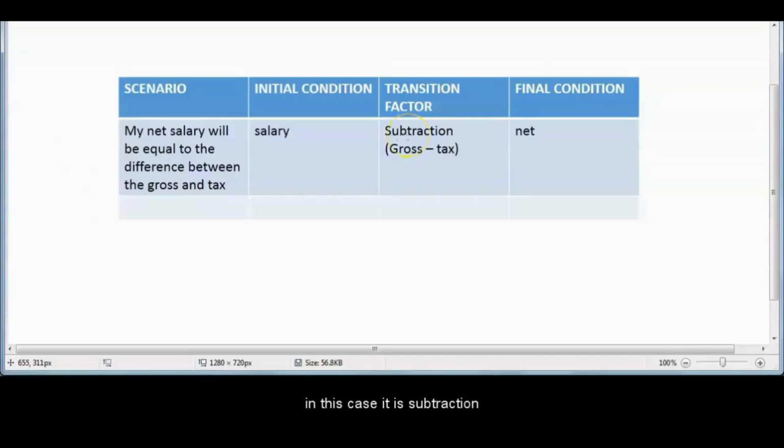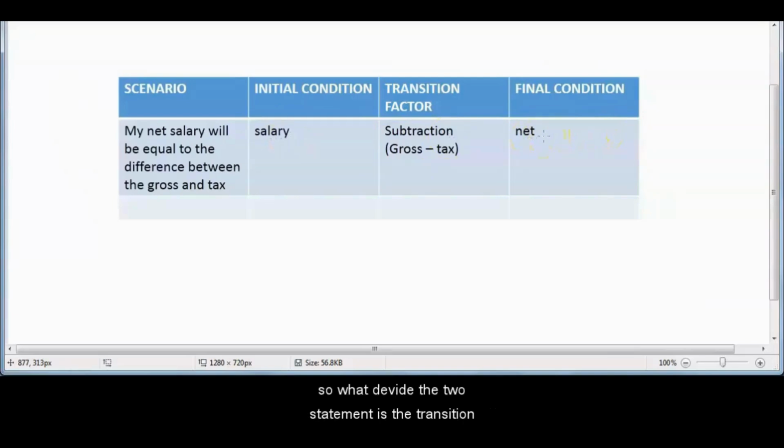In this case, it is subtraction. The tax was deducted from the gross salary, which is the subject of the first sentence. The tax was deducted. This is the action performed to change the condition of the subject from the initial to the new condition.